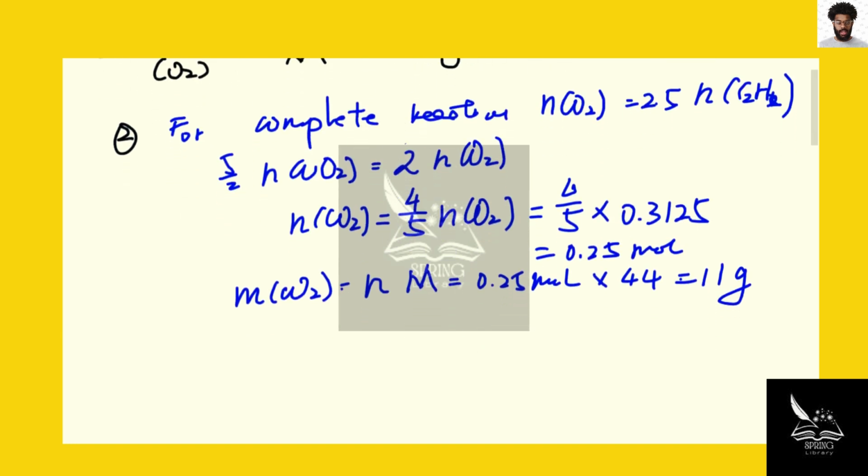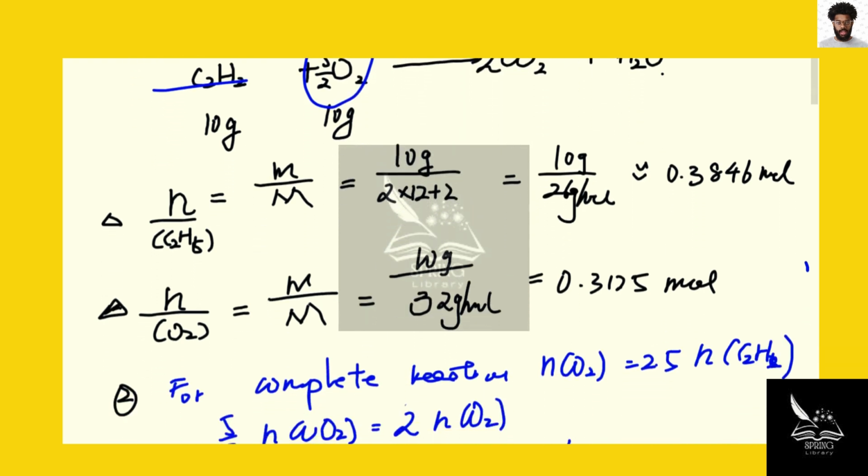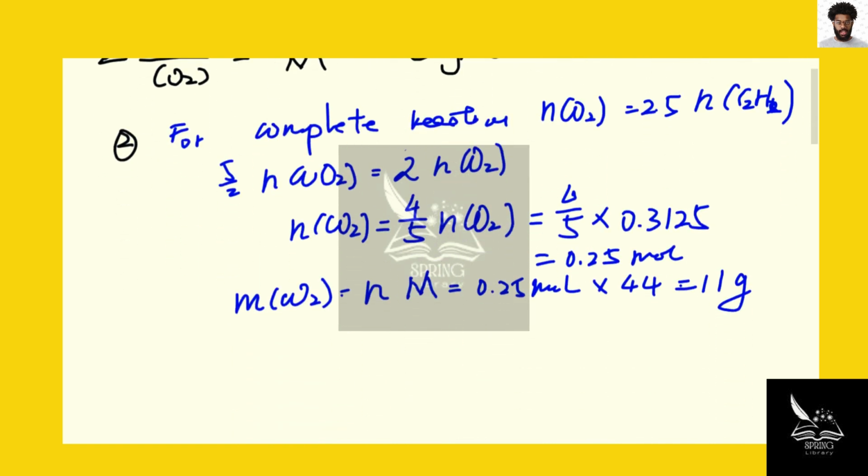And then in the reaction, every time you consume 2.5 moles of oxygen, you are producing only 1 mole of water, which means the moles of water is only 2/5 of the moles of oxygen.